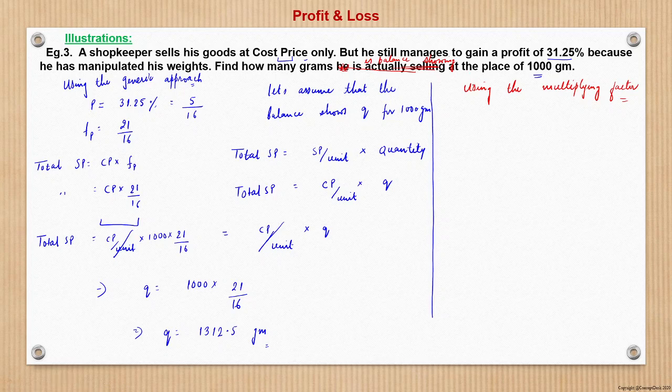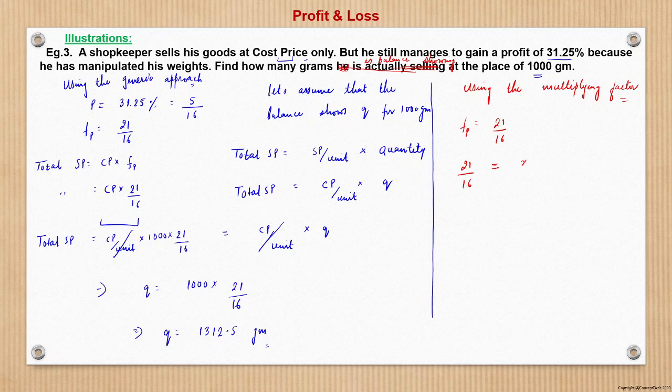So now here, using the multiplying factor, we know the profit factor is 21 by 16, right? And how will the profit be accruing to the shopkeeper? Only when the balance shows a higher weight than the actual weight, right?